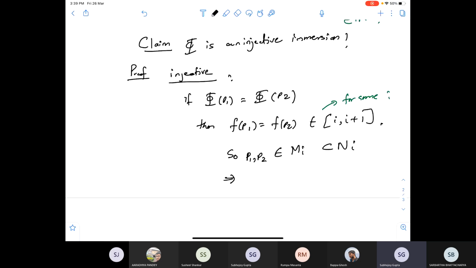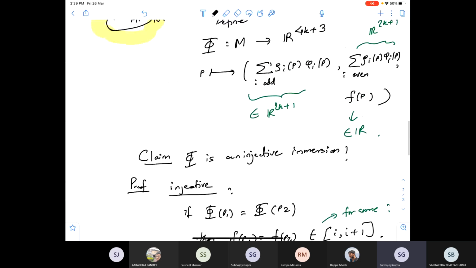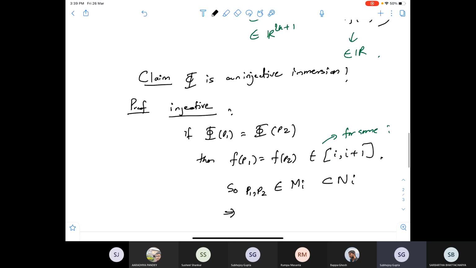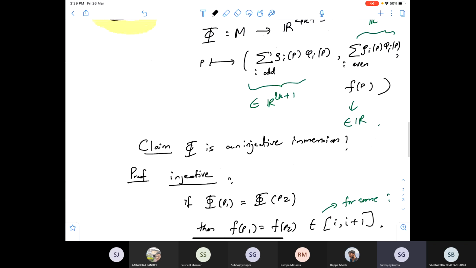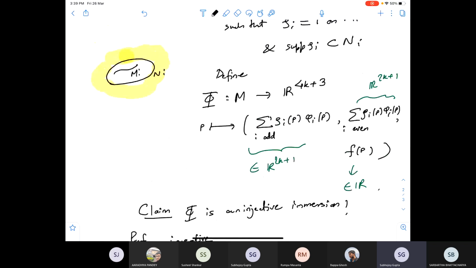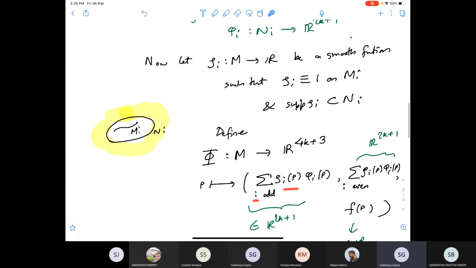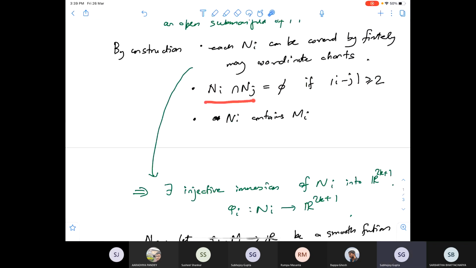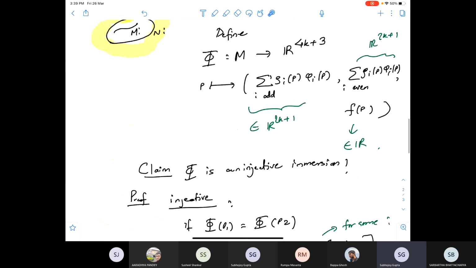All right. So what happens to this now? The even and odd business would become clear. Notice that if you have these odd indices here, they differ by 2. And if they differ by 2, we notice the fact that these N_i and N_j don't intersect. So if it is non-zero somewhere, then all the other terms would be 0.